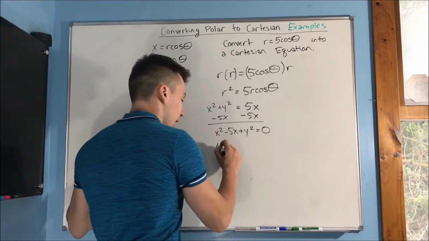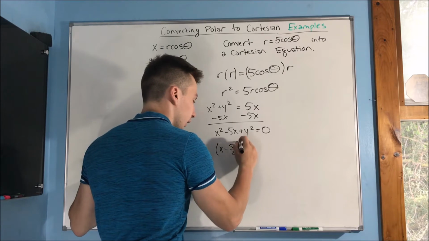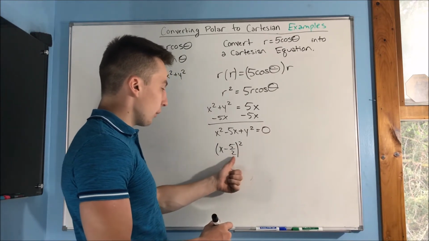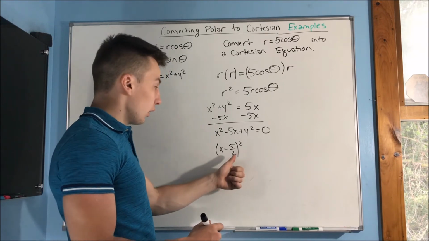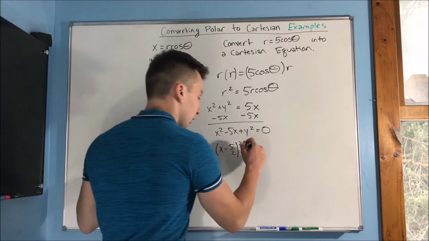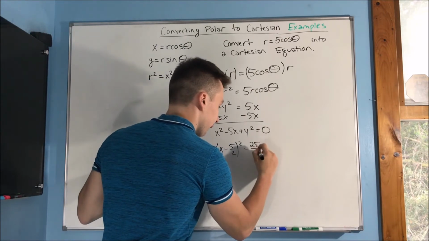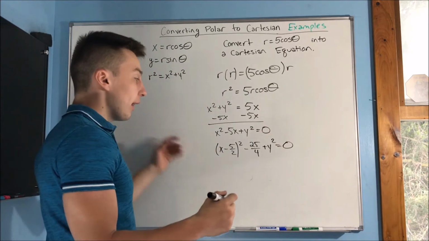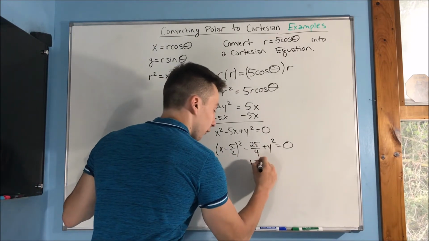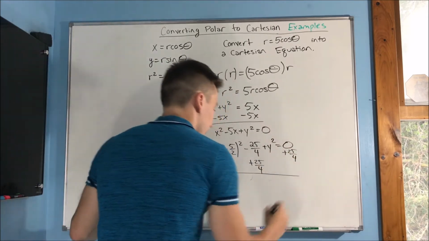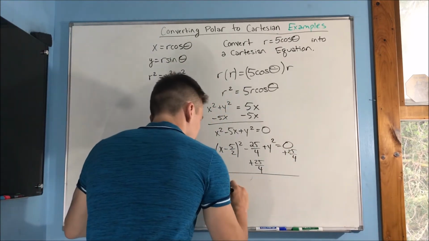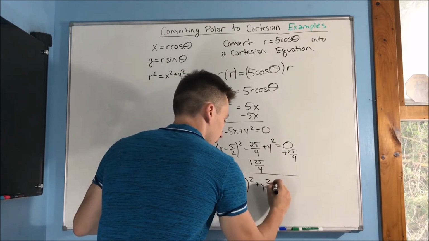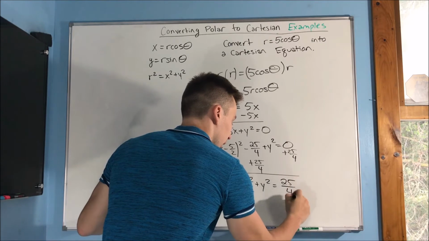Okay, so we'll end up with an x minus 5 halves squared. Since if we were to do this out, we would get a 25 over 4, which means that we need to subtract 25 over 4 on the outside. Add y squared equal to 0. Okay, and now we can just add 25 over 4 on both sides. This gives us our answer of x minus 5 halves squared plus y squared equals 25 over 4.